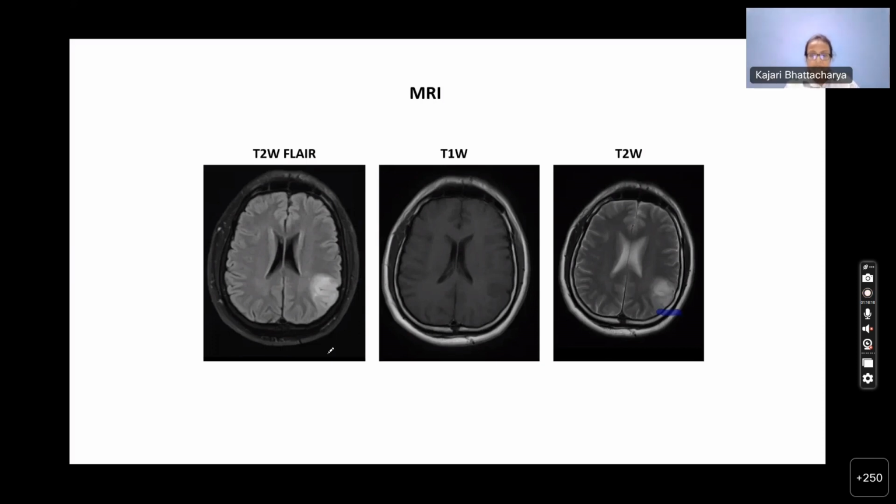So basically what I can comment is it's a diffuse glial tumor which is present in the subcortical white matter, and there is involvement of the overlying cortex. It is present in the left parietal lobe, and it does not have any significant mass effect because there is no midline shift or perilesional edema causing mass effect.